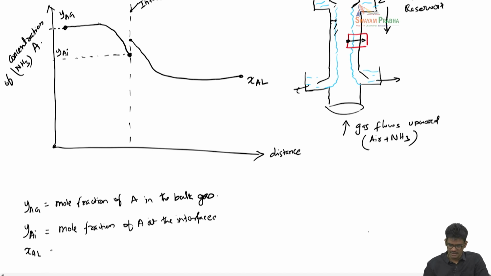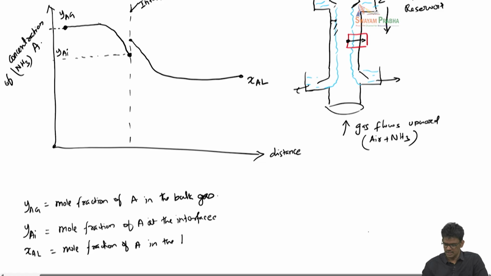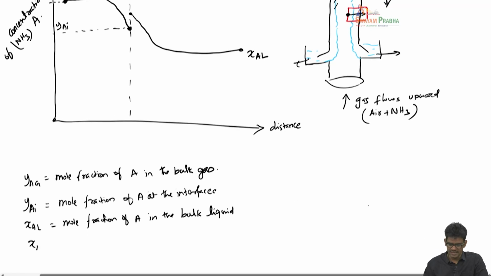XAL is the mole fraction of A in the bulk liquid, whereas XAI is the mole fraction of A at the interface.